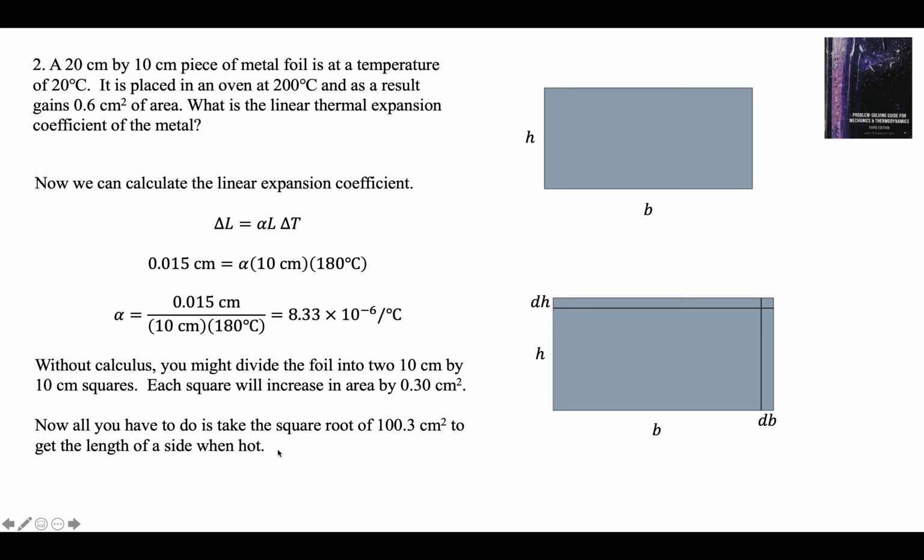I just got to take the square root of that. What's the square root of 100.3? It's 10.01499. So using calculus and throwing away the dBdH, we got 10.015. The exact answer is 10.01499. That's close enough for me. That's problem 2.